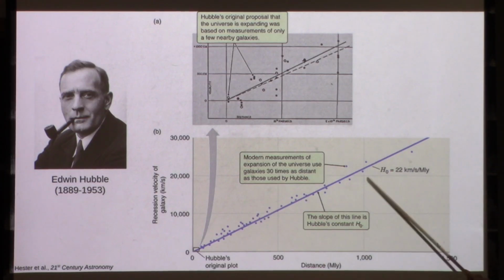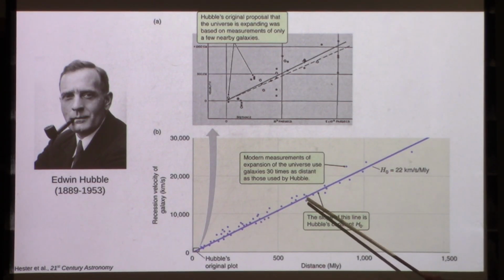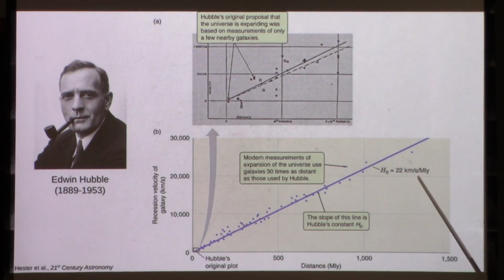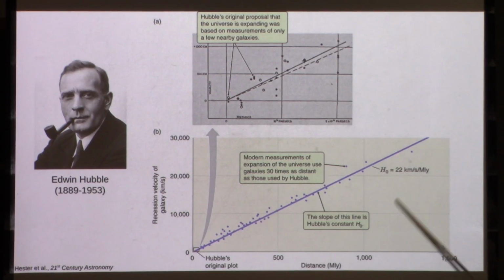Notice you get a pretty good fit to a straight line there. The slope of that line is called the Hubble constant, H naught.